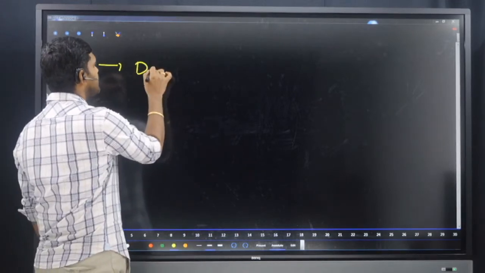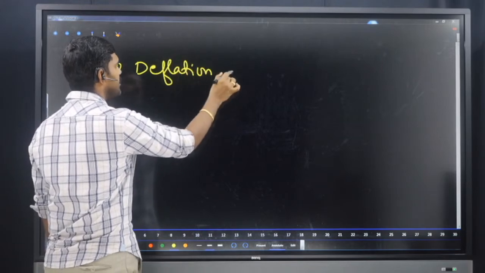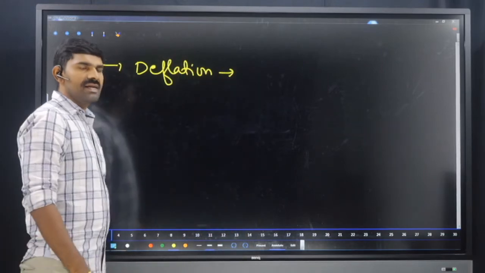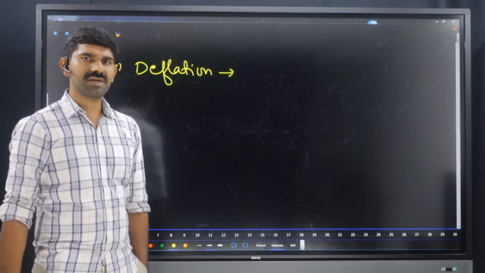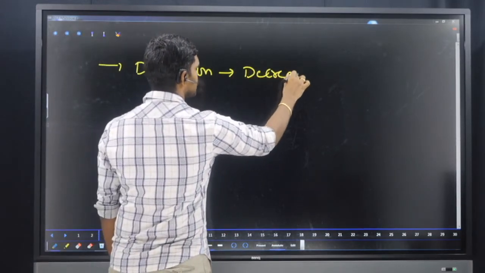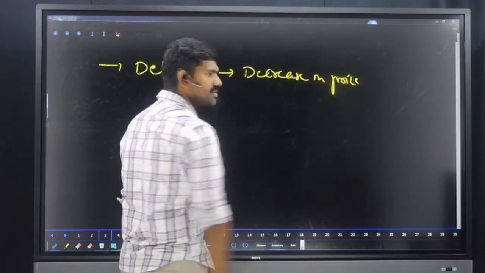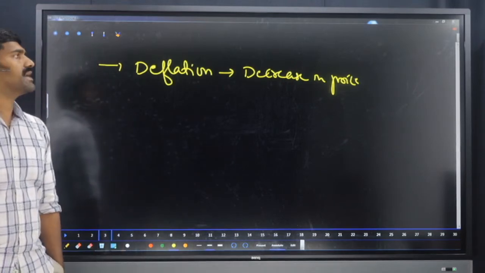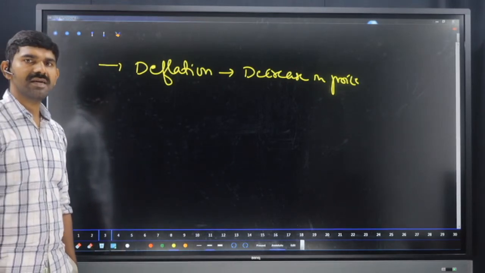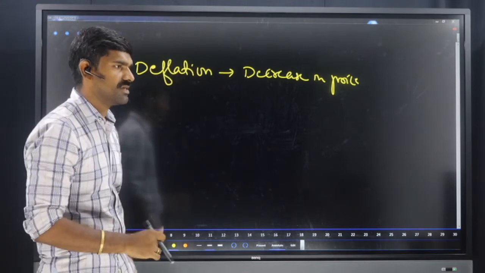Then what is deflation? What do you understand by the term deflation? Deflation refers to a decrease in the price of goods and services. So increase is called inflation, decrease is called deflation, right?